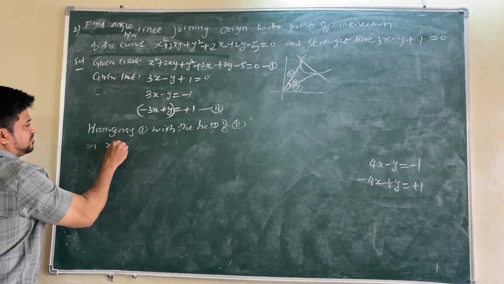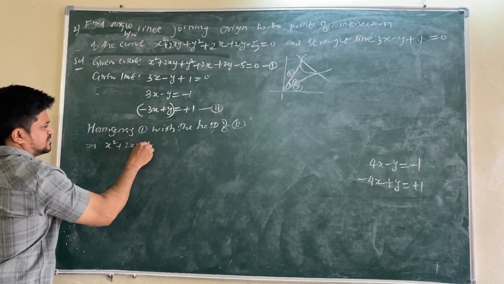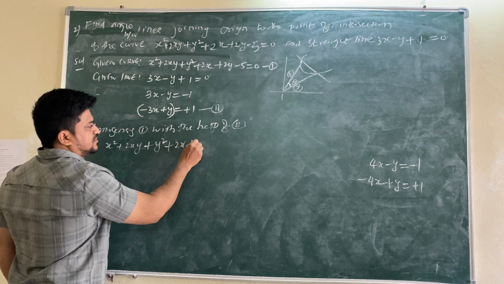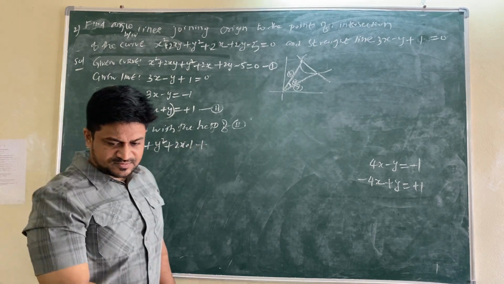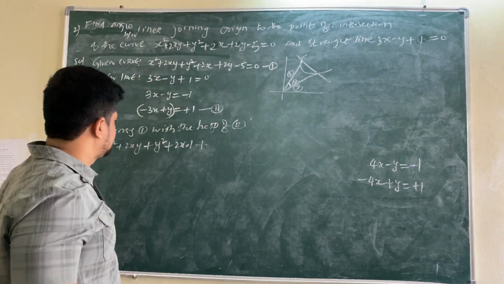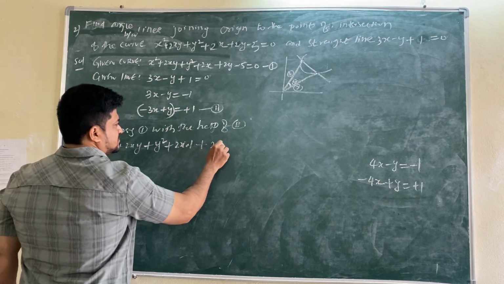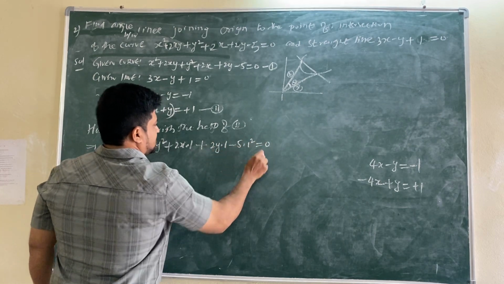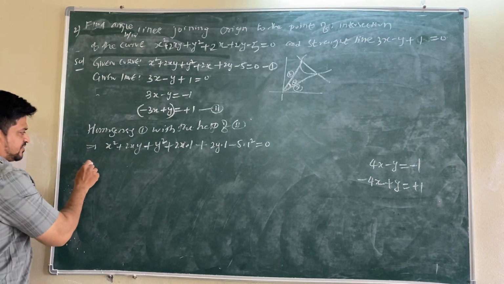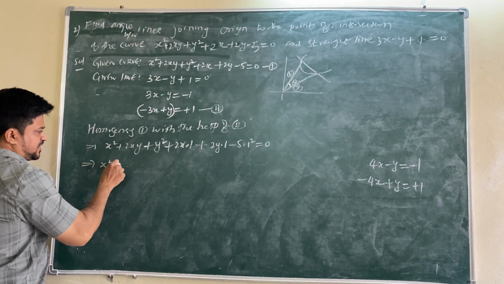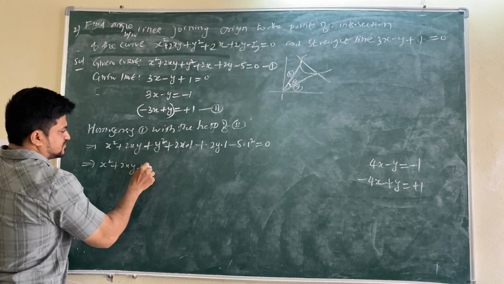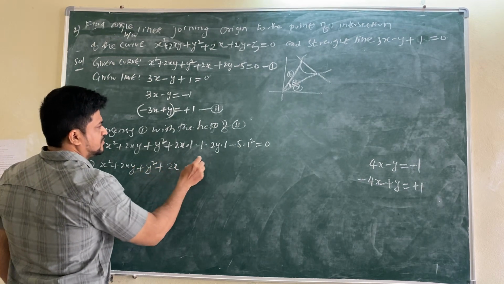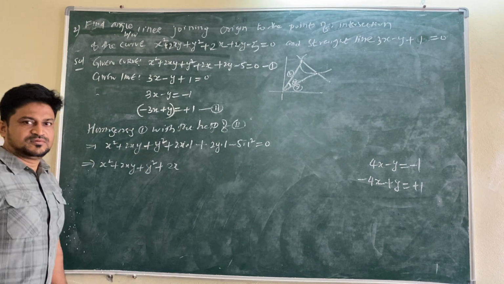x square plus 2xy, 2x into 1, plus. So wherever we have found 1, we have to take that; that is the rule.